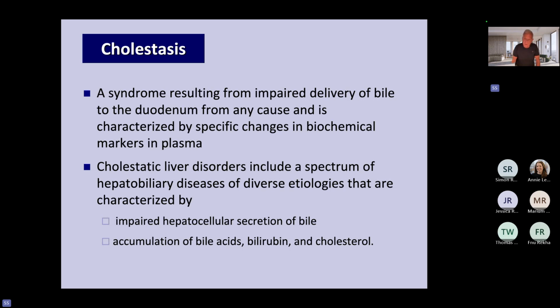Cholestatic liver disorders include a spectrum of diseases of diverse etiologies that are characterized by impaired hepatocellular secretion of bile and the accumulation of everything that's in the bile: bile acids, bilirubin, and cholesterol, or other toxins or metabolic products that are excreted in the bile.